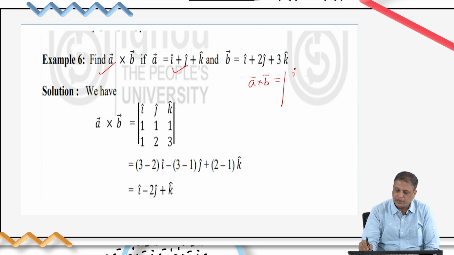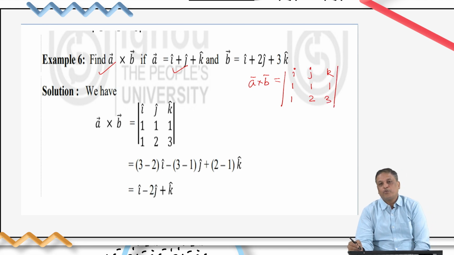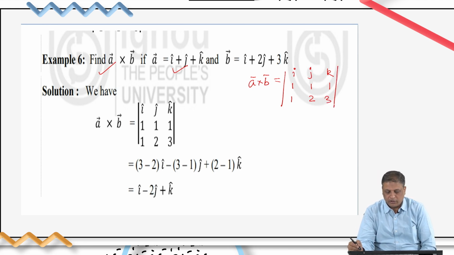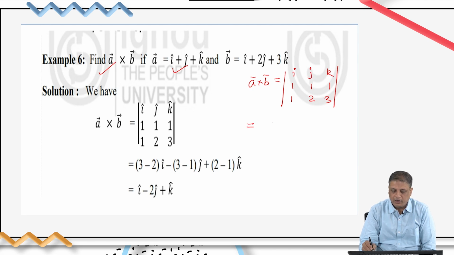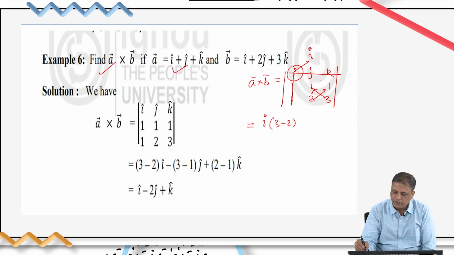So, we write the determinant I j k and put the components 1 1 1 for vector A and 1 2 3 for vector B. I hope you remember how to solve the determinant. It will turn out to be I into 3 minus 2, this into this minus this into this.